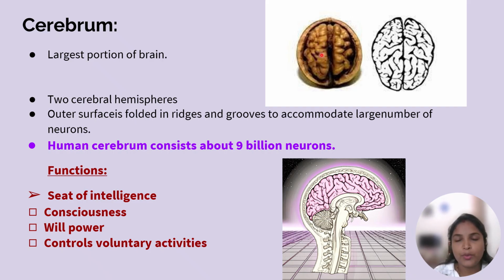When you break the walnut shell, you find two halves. Similarly, our brain has two halves, called the right and left cerebral hemispheres. It is the largest portion of the brain, the major occupied area.